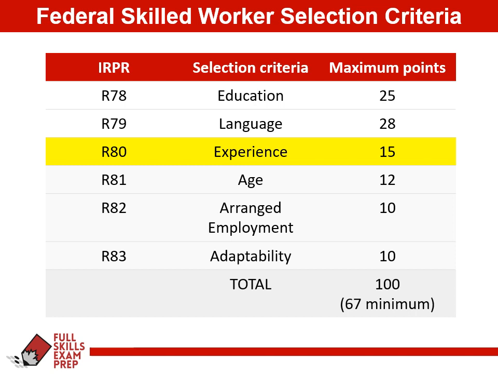When we're looking at this in terms of points, experience has a maximum of 15 points, as you can see in Regulation 80. So let's take a look at this and how it relates to the scenarios that we're working through.